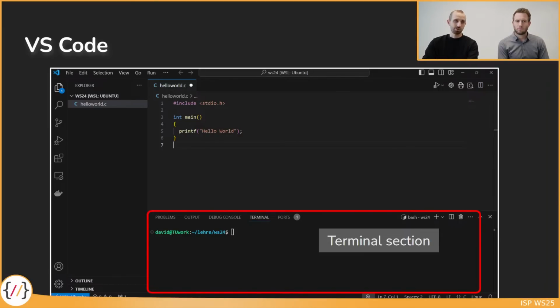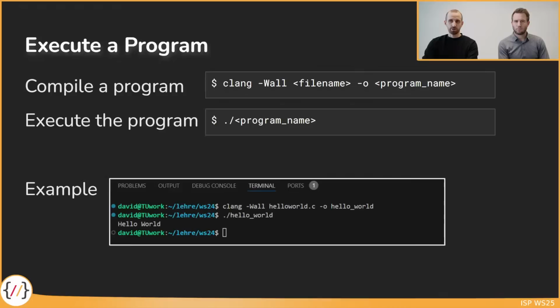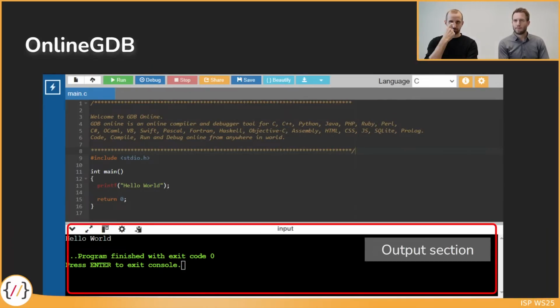Unfortunately, executing code just on Windows does not work. You need somehow a Linux or Unix environment. But for Windows, there are many possibilities. You can have the virtual machine, or you can have the Windows Subsystem for Linux, so the WSL, which basically is a small Linux inside of your Windows. But more on that in the practicals next week.